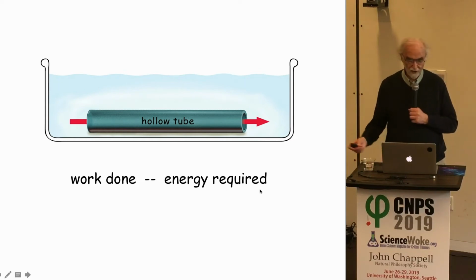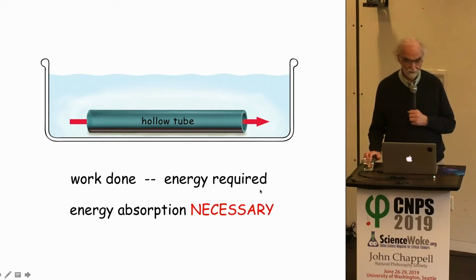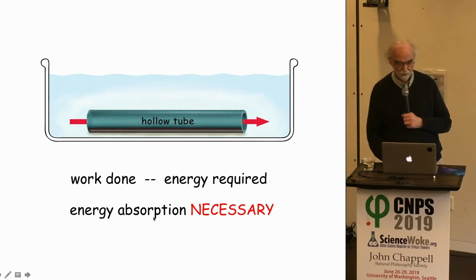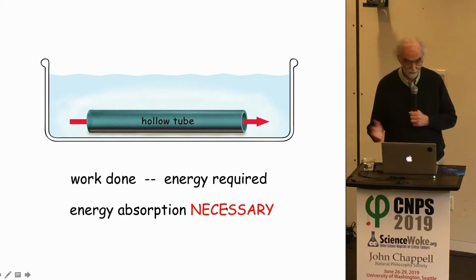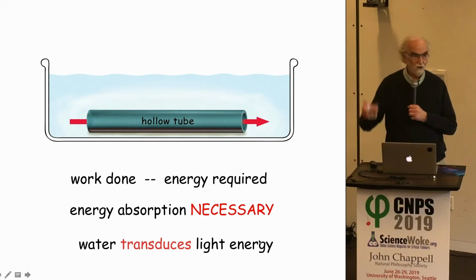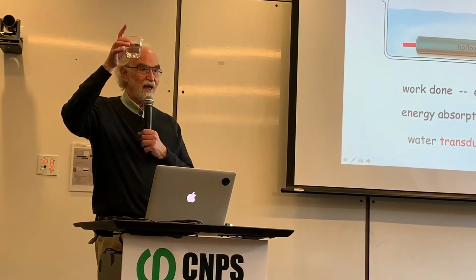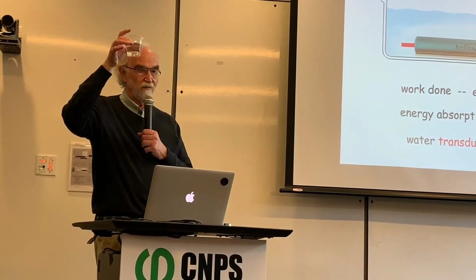And the only energy that we can envision, unless someone has another idea, is what we already found, that the energy absorption from the environment, that's a necessary condition for this, because we don't know of any other kind of energy input. And so basically, if that's correct, it means that water transduces light energy into mechanical energy. So this water is a transducer of light energy into mechanical energy. The water is doing work.